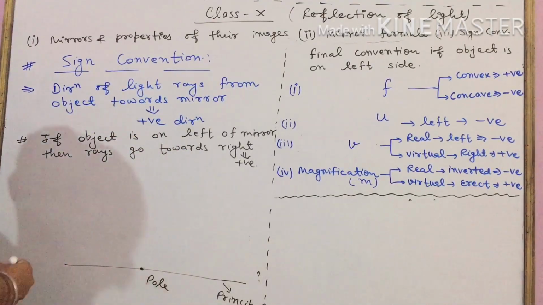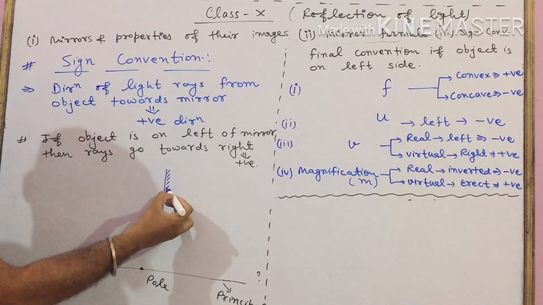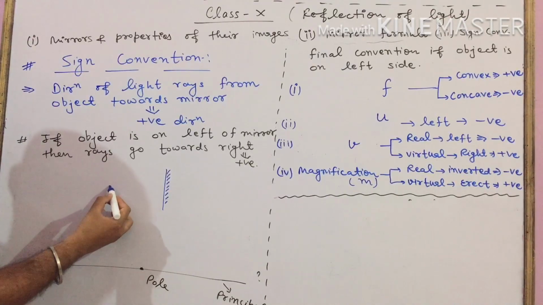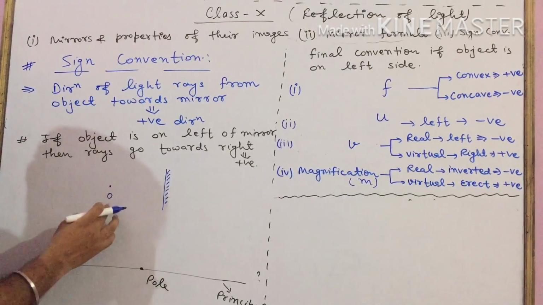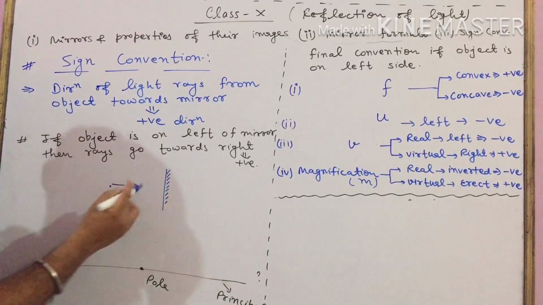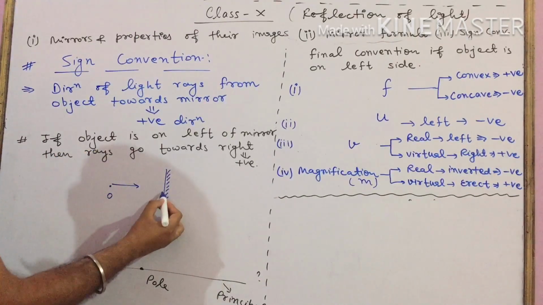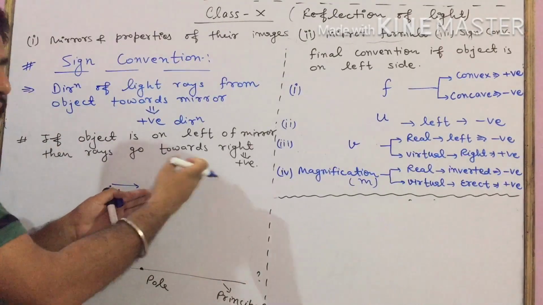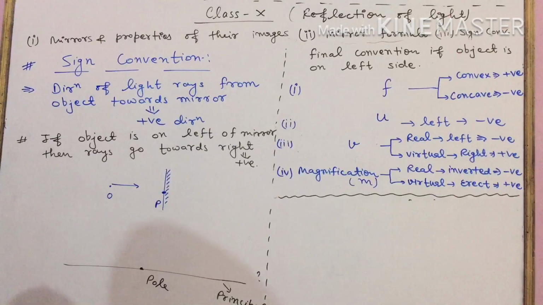I mean to say, suppose this is some mirror, it may be spherical or plane mirror, and suppose this is the object. When light rays move from the object towards the mirror, the light rays are going towards right. So if this is the pole of the mirror, the direction towards right of the pole will be the positive one.